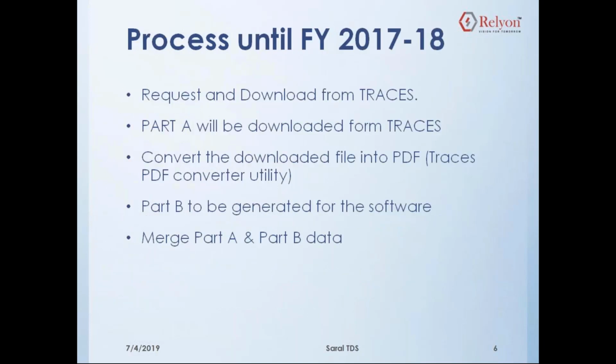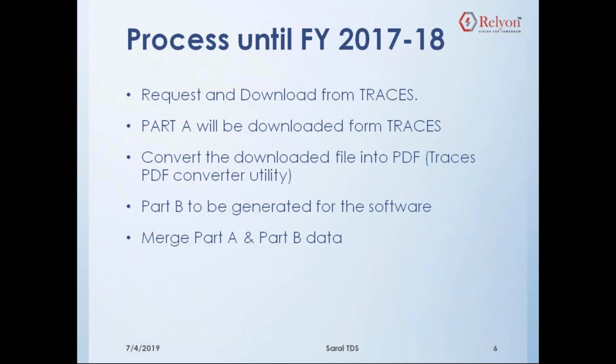Now we'll see what was the process until the financial year 17-18. What were we doing after my Q4 filing was done? Then next thing what we used to do is we used to go to traces. First thing is we used to request and download form 16 from traces. From last financial year and before, the procedure was the same.